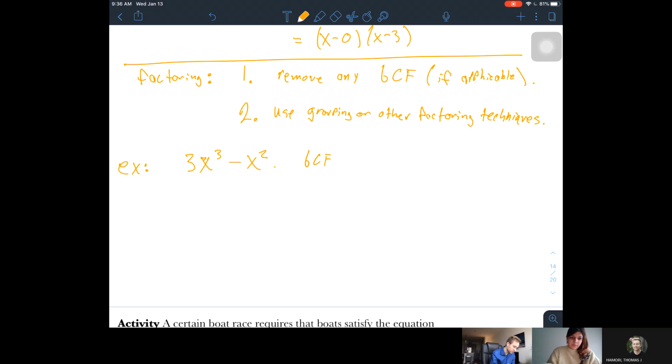Our GCF is going to be x squared in our case.